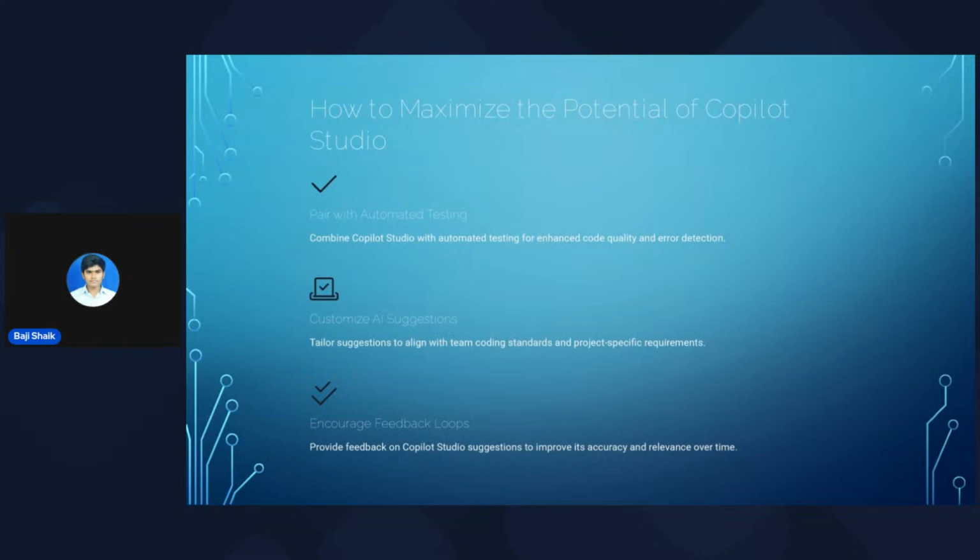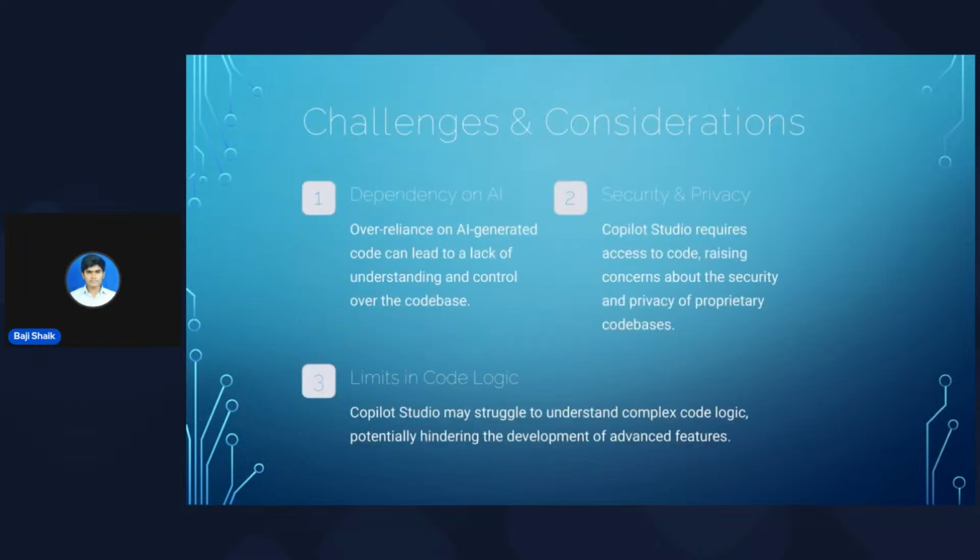Coming to the next one, what are the challenges and considerations in Copilot Studio. The first one is dependency on AI. Over-reliance on AI-generated code can lead to a lack of understanding and control over the code base.